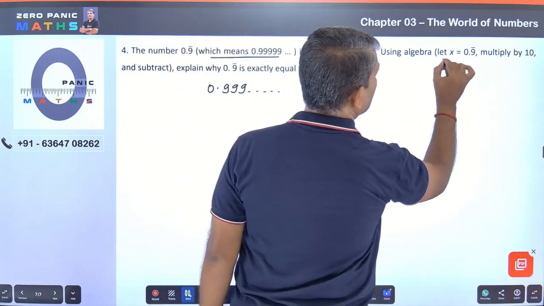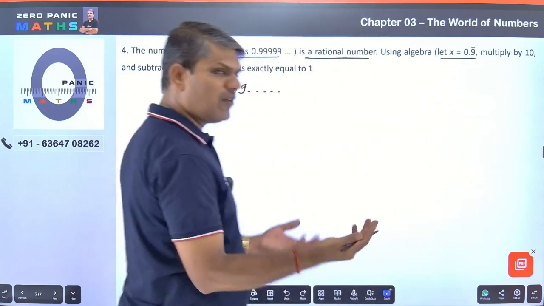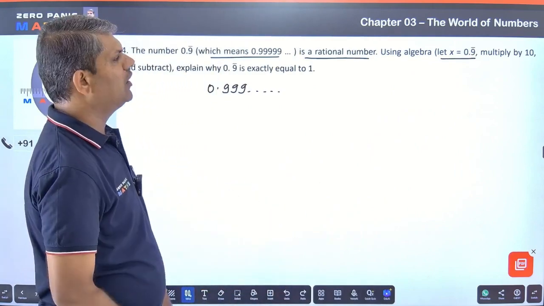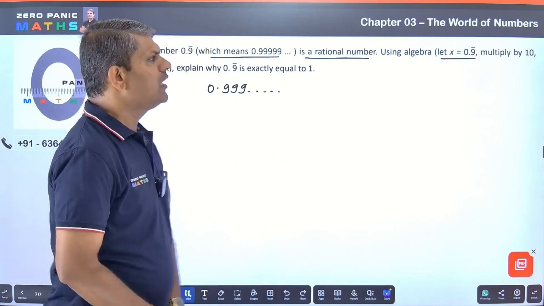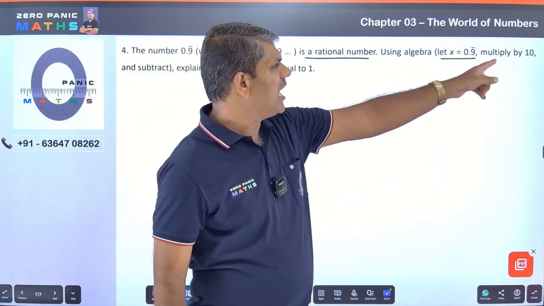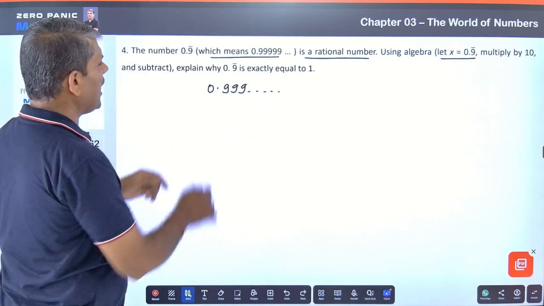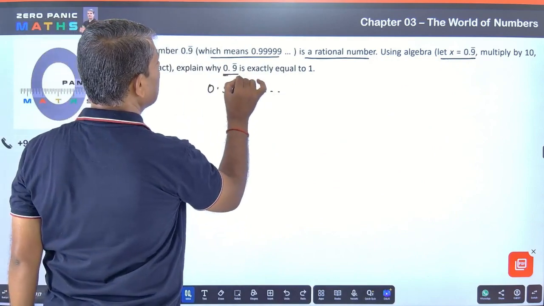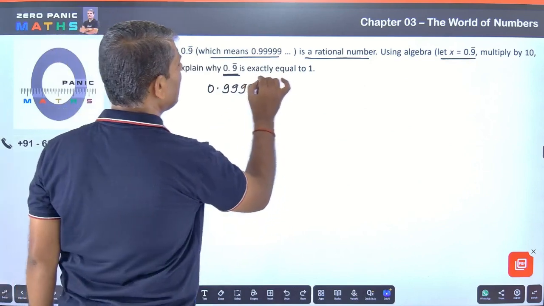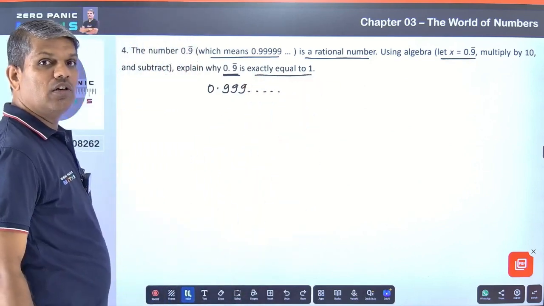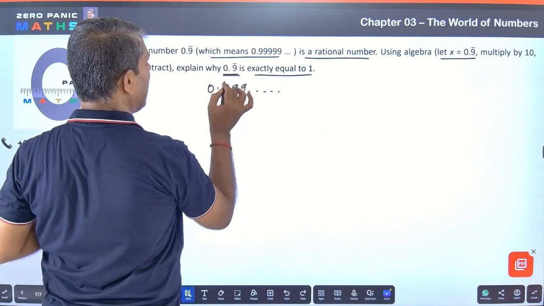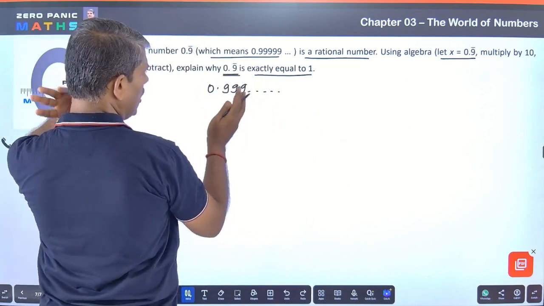Using algebra, let x equal 0.9 bar. We already know the method of considering this as x, multiplying by 10 and subtracting. Explain why 0.9 bar is exactly equal to 1. We need to prove that 0.9 bar is exactly equal to 1.